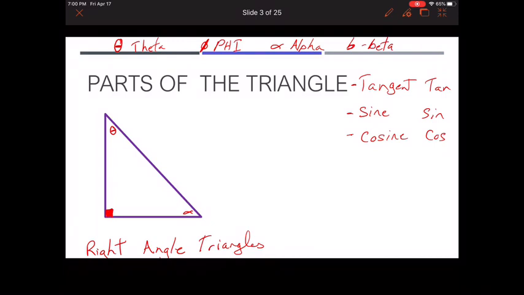So, parts of a triangle. If it's a right angle, this is always the right angle. I'm pretty sure we start learning that pretty young. You should also know that this is the hypotenuse. I don't expect you to remember how to spell it, but you should know that is the hypotenuse.